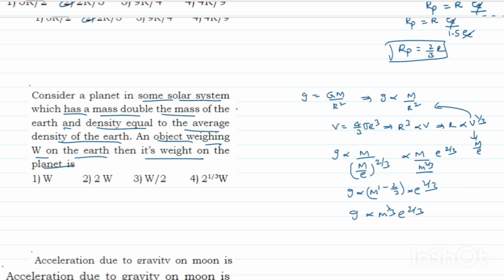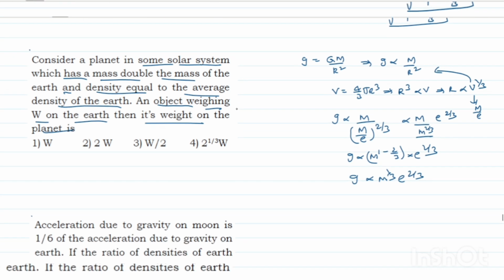Now you can relate g on the planet by g on Earth. Average density is given as the same, so it cancels. Then it is mass of the planet by mass of the Earth whole power 1 by 3.